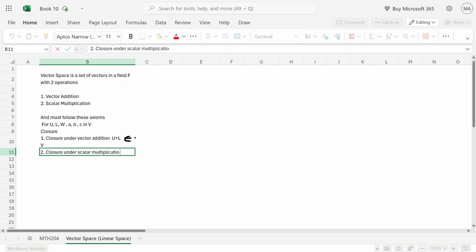It must be closed under scalar multiplication also.